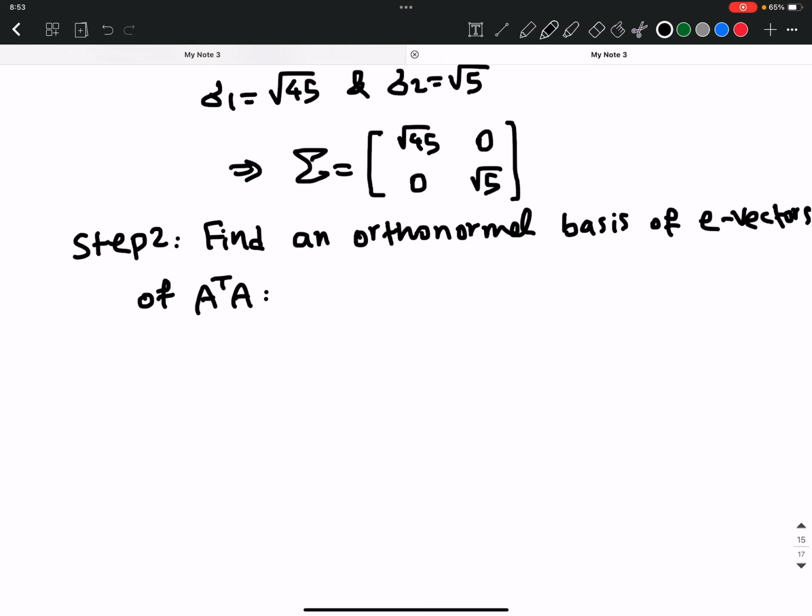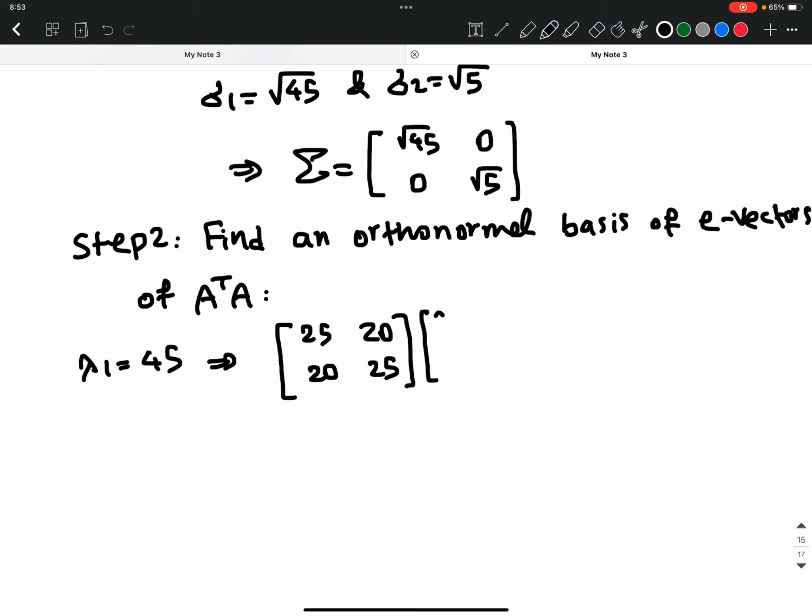To find the eigenvectors, first I will find it for lambda 1, which is 45. So I just write this down again. My matrix would be 25, 20, 20, 25, times V1, which would be x1 and x2, equals 45 times x1 and x2, right?